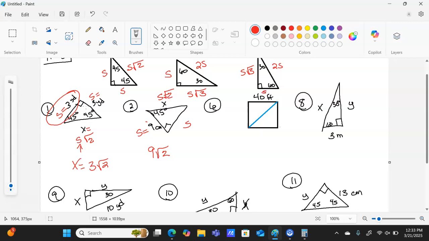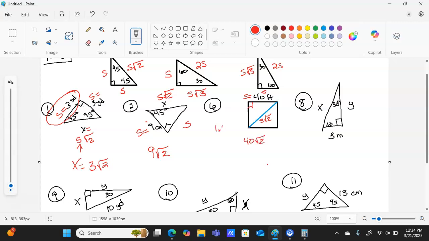Number 6, you are told that you have a ballet teacher that wants to divide the classroom, and it's a square classroom, so all the sides are 40, and these are right angles, with tape. I use blue for painter's tape. How much tape is he going to need? Well, if this is the side, then this is side square root of 2. So he's going to need 40 square root of 2.